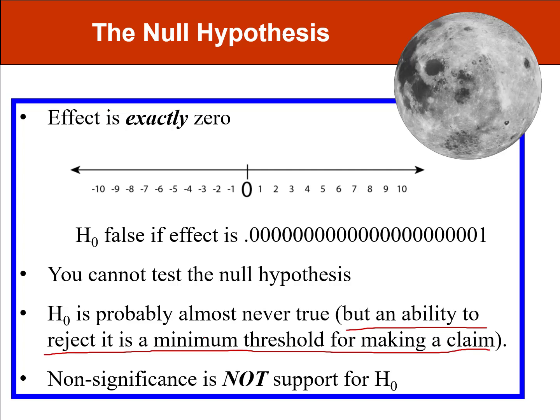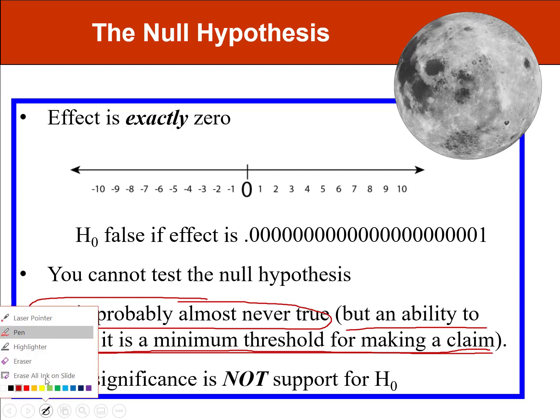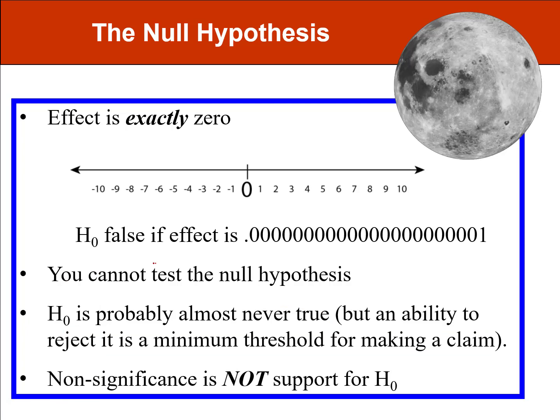So even though on one hand the null hypothesis is probably almost never true, the rationale for using this procedure is the idea that it's a hurdle. You should at least be able to reject that null hypothesis before you're allowed to make claims to have discovered anything. Now, along this line, note that this means that we cannot ever actually test a null hypothesis.